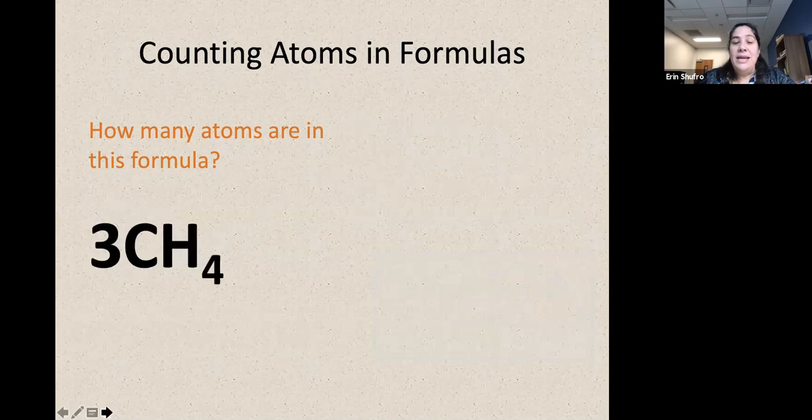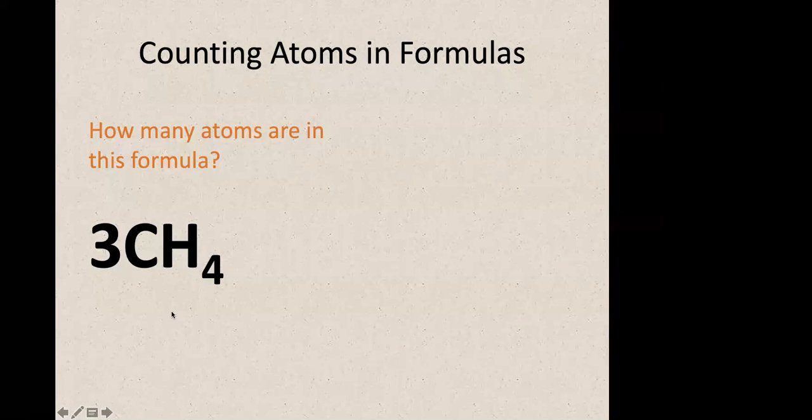How many atoms are in this formula? How many atoms in 1 molecule of carbon tetrahydride? 15. Oh, you're close. You're thinking for the whole thing. How many for just the molecule? 5. Yep, 5.